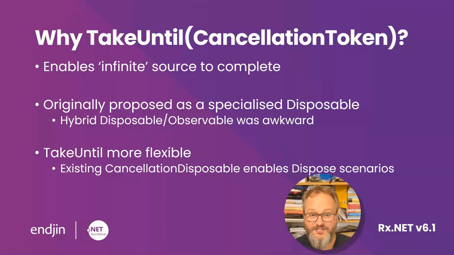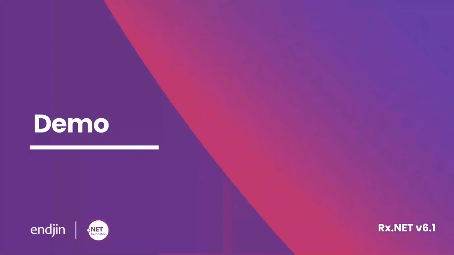So Daniel Weber's suggestion was that actually we could get the same effect, we could solve the same problem, by introducing this new overload of TakeUntil that takes a cancellation token, and it's actually more flexible. It can work with anything that produces cancellation tokens, and we already have the cancellation disposable in Rx.NET, which gives you a thing that you can dispose and which sets a cancellation token when you do so. So that was the way we moved forward.